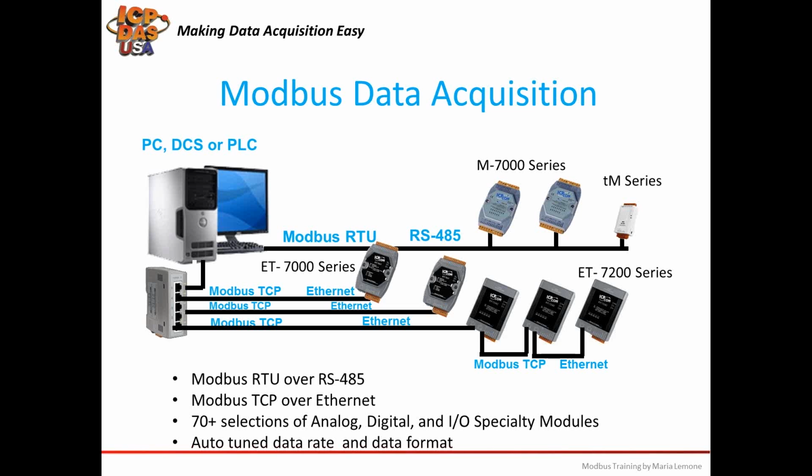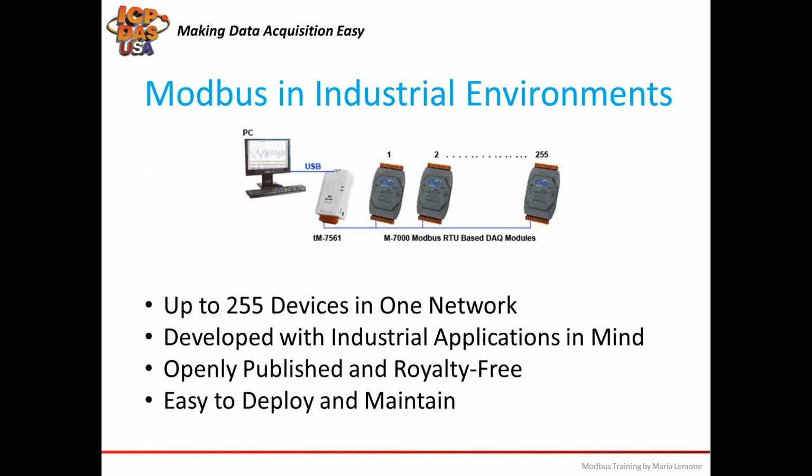So basically, SCADA software is usually either a master, or our PLC can be set up as a master or slave. It depends on the application the customer is using.